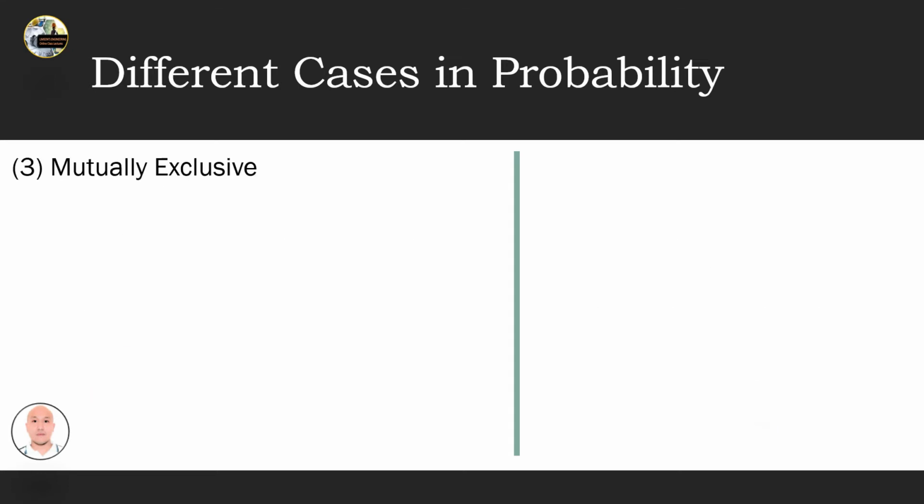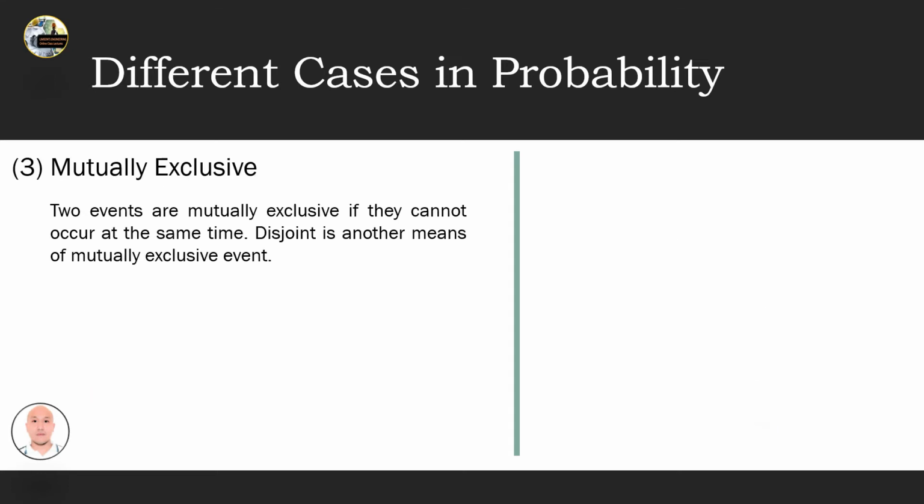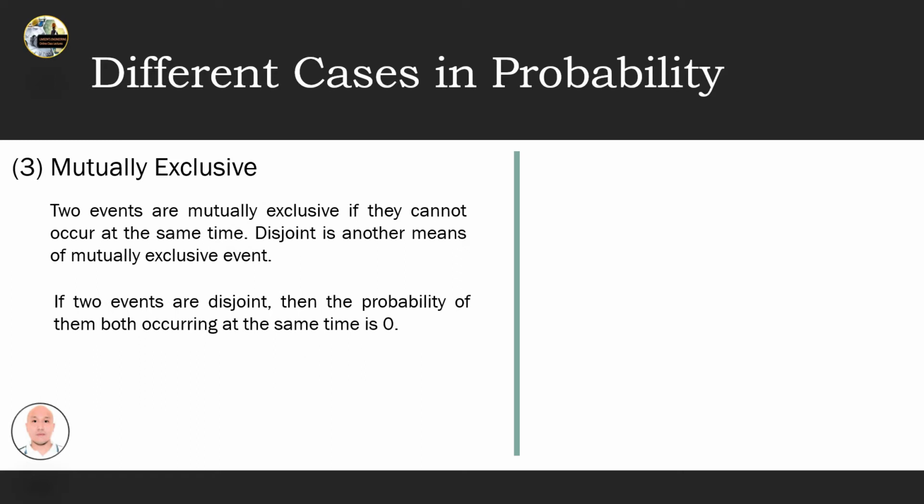Number 3, mutually exclusive. Two events are mutually exclusive if they cannot occur at the same time. Disjoint is another term for mutually exclusive events. So if two events are disjoint, then the probability of them both occurring at the same time is 0.